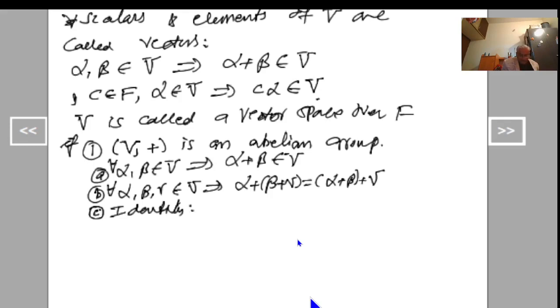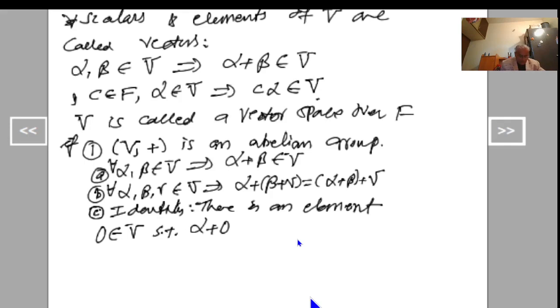There is an element 0 belongs to V, whatever that element may be, we denote it by 0 and call it the 0 vector, such that alpha plus 0 equals 0 plus alpha, which equals alpha. This is true for all alpha belongs to V. That means 0 is the identity element with respect to addition. This must be satisfied.